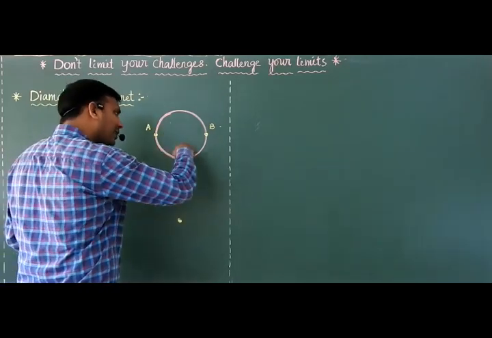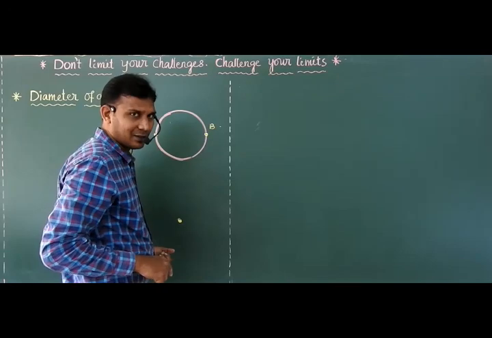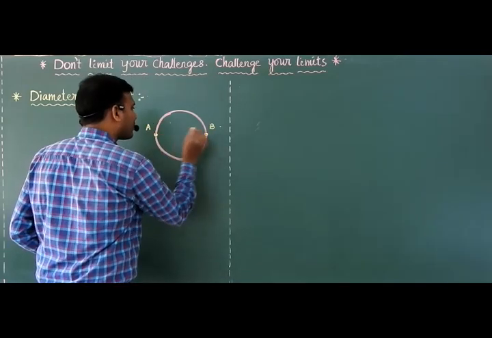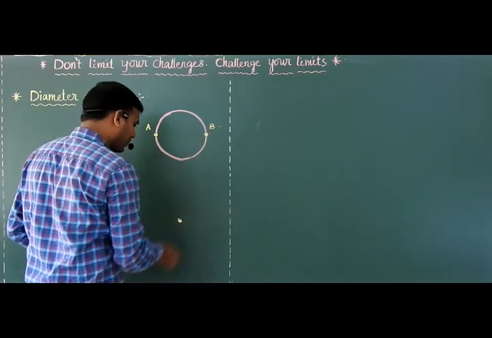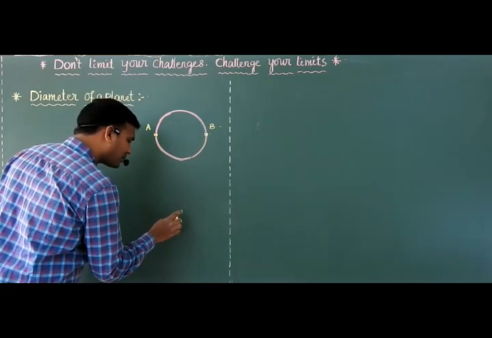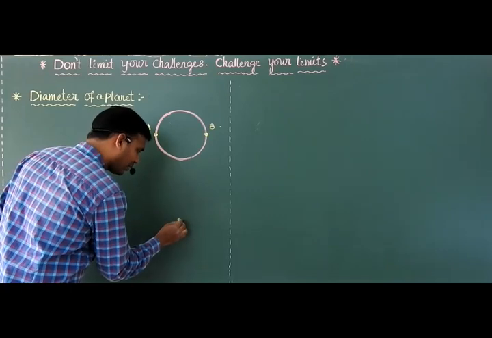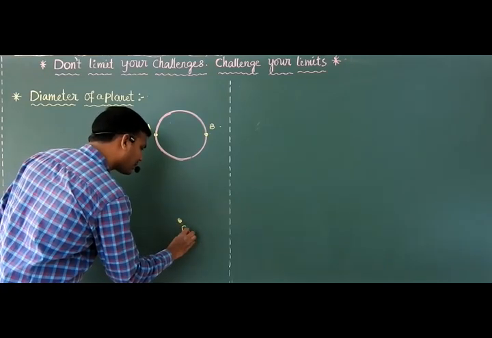Or I want to calculate the angular diameter of the Sun. Then you have to consider two opposite diametrical points and observe them from this position. So let us assume it is some point C.